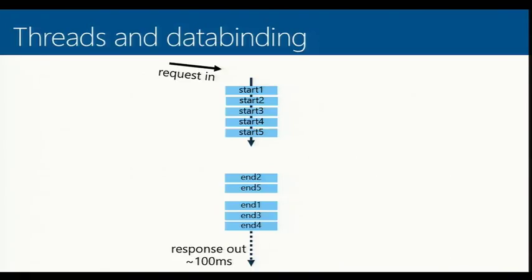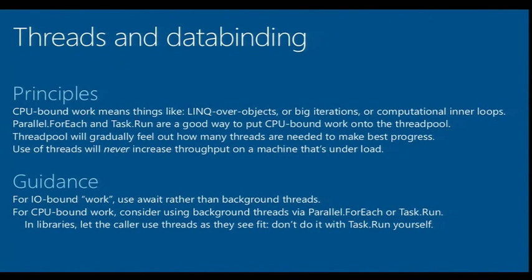They'll come trickling in. Maybe they'll come out in the wrong order, whatever. It doesn't really matter, but they'll all come back and we can gather all of the results and we'll have the response coming out in just 100 milliseconds. So this is by far the ideal way to architect this program. We're going to look at the code for how to achieve that.